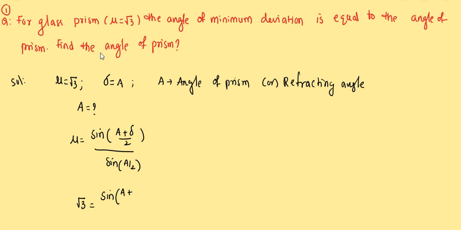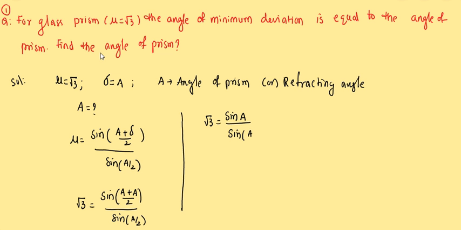Delta is A again, by 2, by sine of A by 2. Now we have to simplify. If we simplify then we will get root 3 is equal to sine of (A plus A) by 2, which is nothing but A only. In the denominator we will get sine of A by 2.